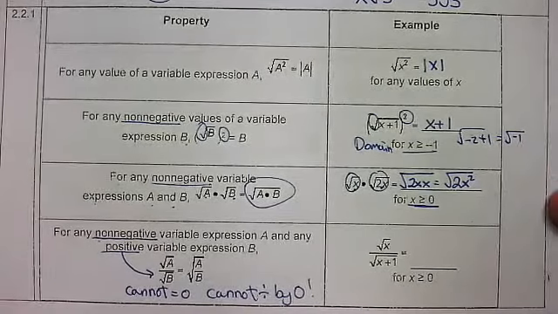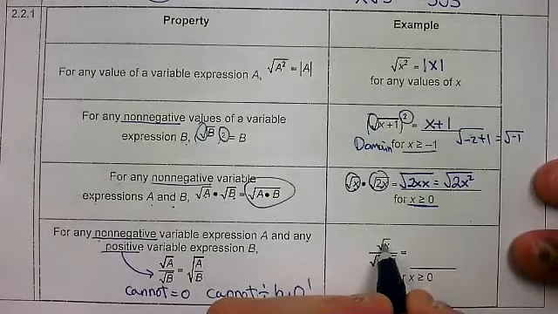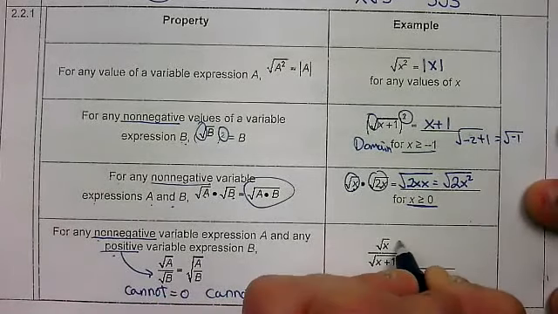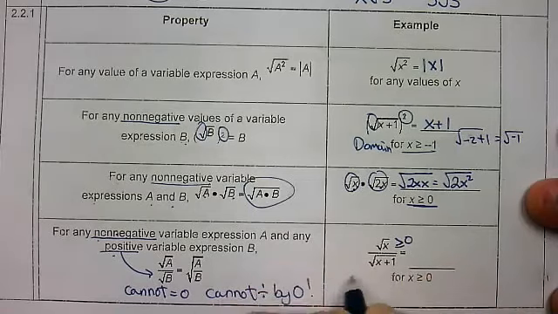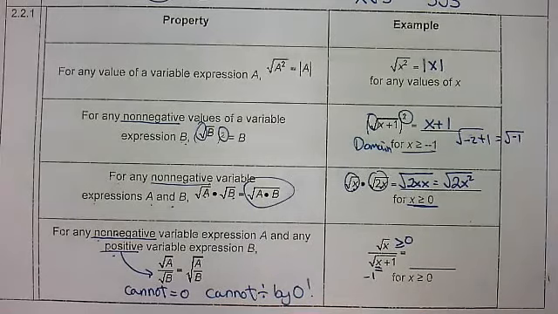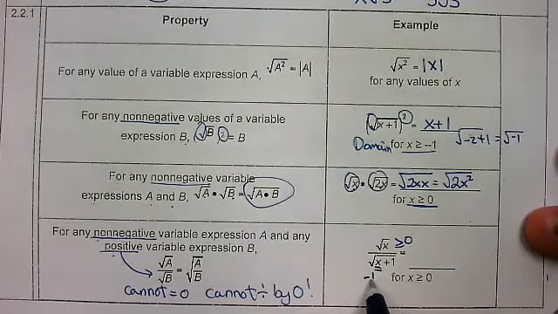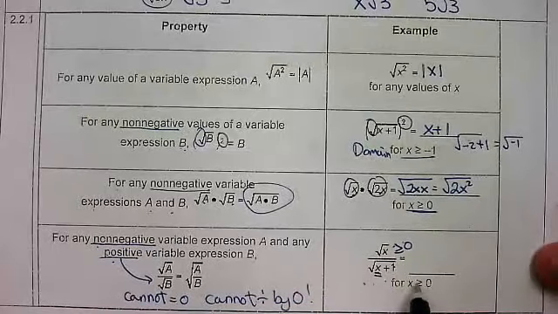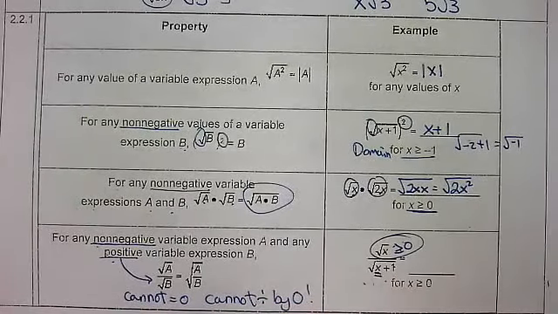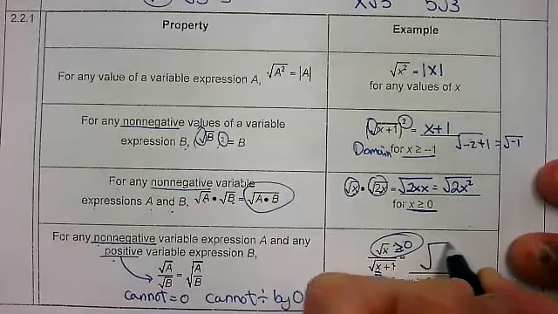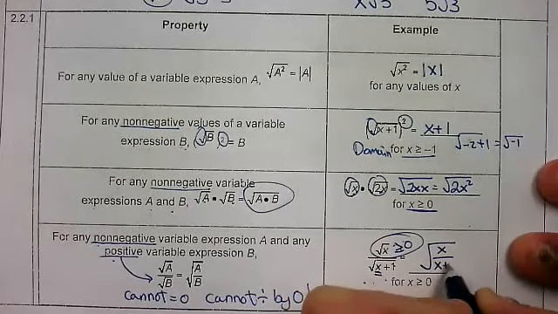So for the top to be non-negative and the bottom to be positive, this x has to be greater than or equal to 0, and here this has to be greater than -1, at least -0.99999, because it can't be 0. We're going to take both of these together, and because the biggest value is 0, that's what we're going to keep. And here we can rewrite this as the square root of x over x plus 1.